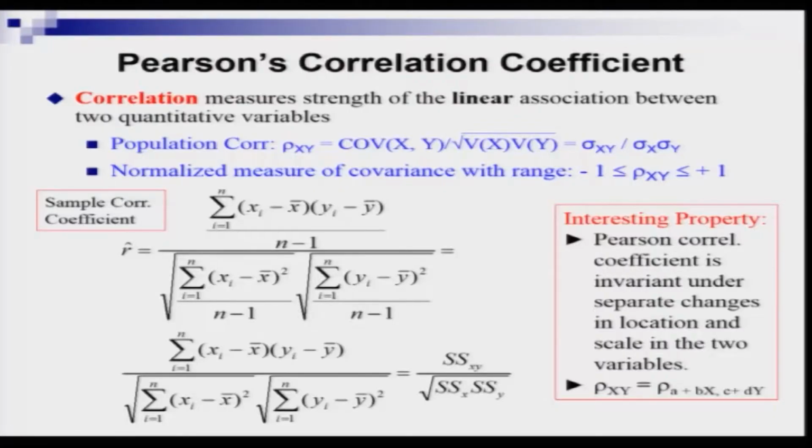So, now we are going to look at two very interesting properties of the Pearson product moment correlation coefficient. Let us focus on the red box at the right hand side of this slide.